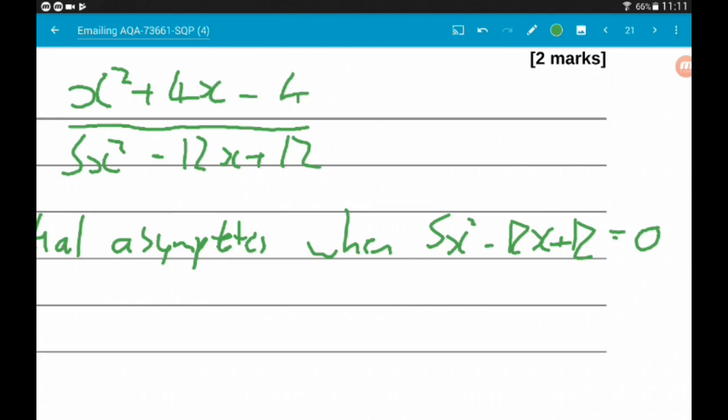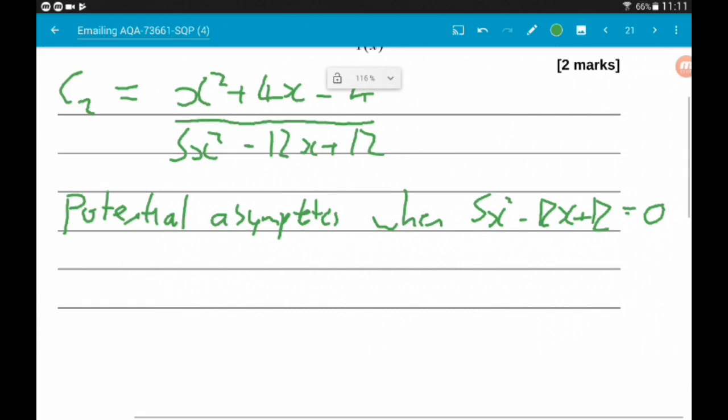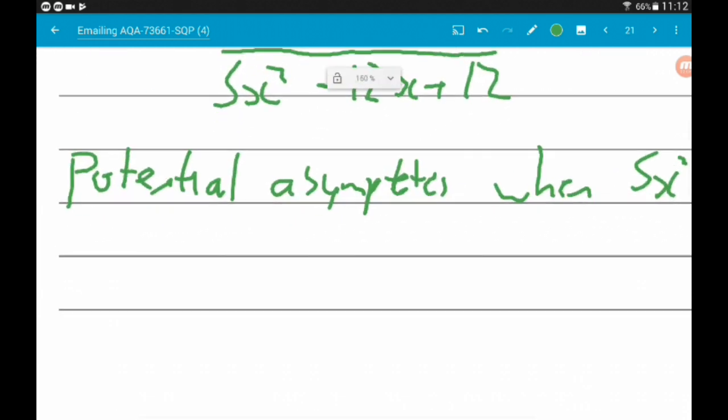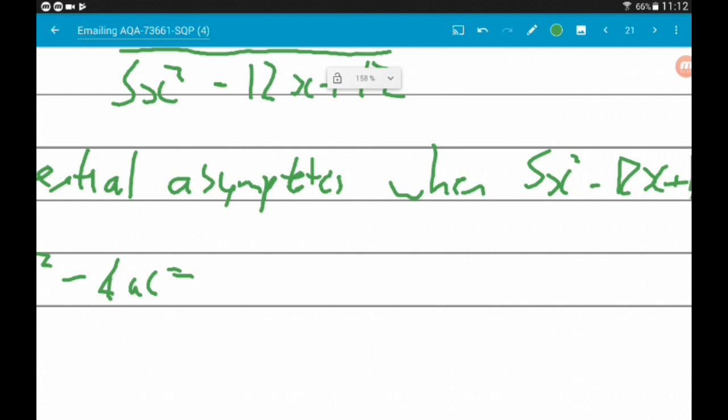So let's check the discriminant to see how many solutions this quadratic has. So b squared minus 4ac would be minus 12 squared, which would be positive 144 minus 4 times 5 times 12.